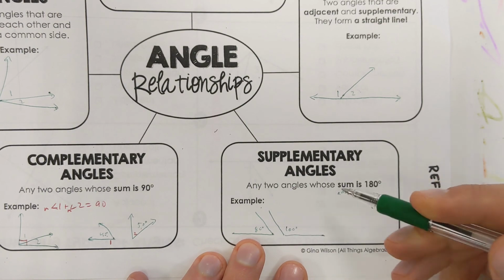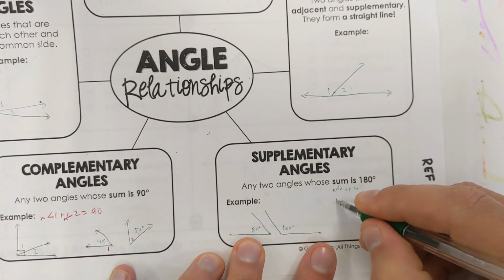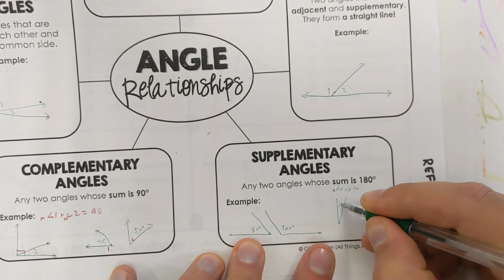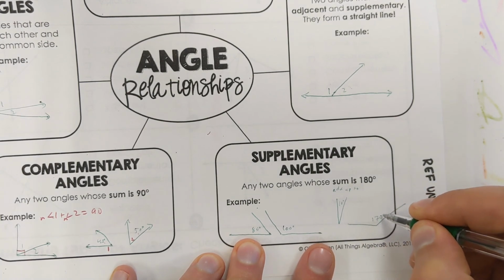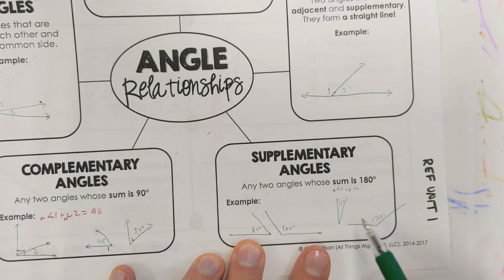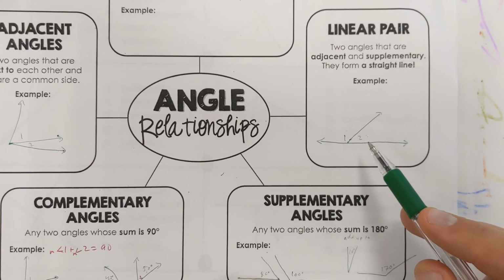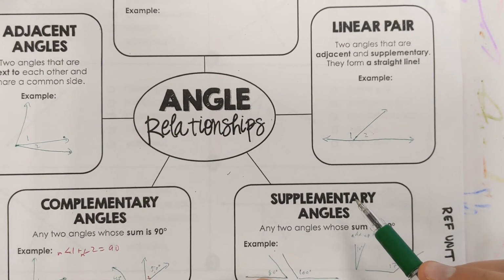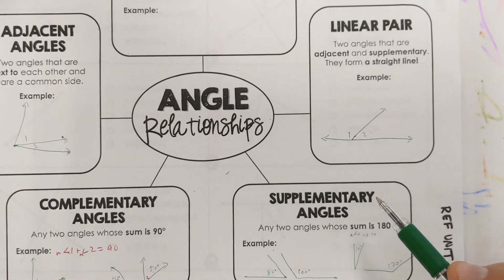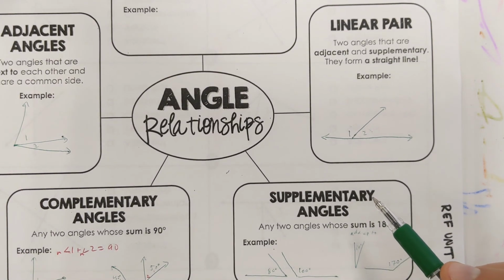Okay? I could have an angle like right here be 10 degrees, and this one over here be 170 degrees. These angles add up to 180, so they're supplementary, but clearly they are not forming a line. It's kind of like all poodles are dogs, but not all dogs are poodles.